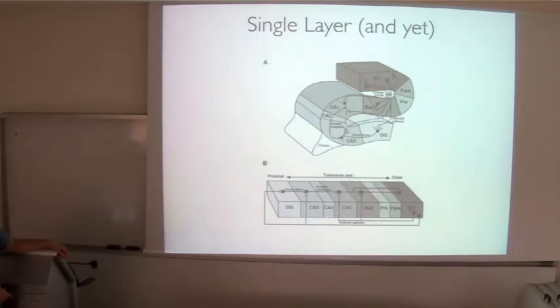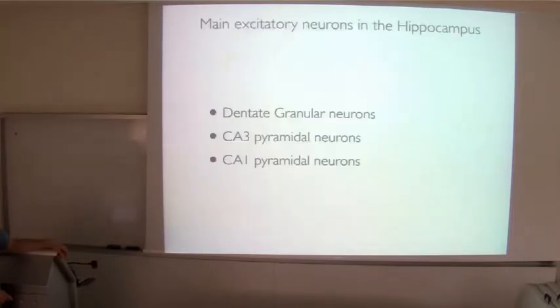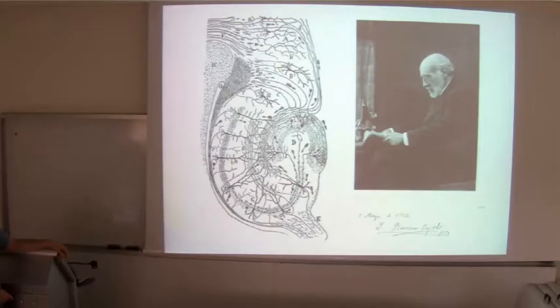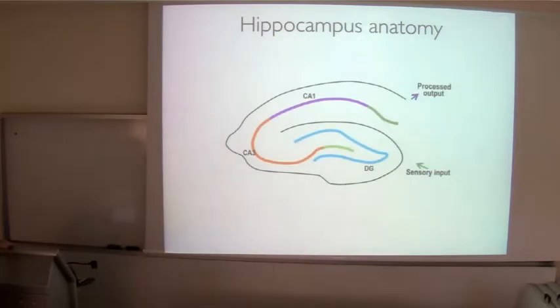Can you see that? Basically, the input that goes to the dentate gyrus from the entorhinal cortex goes through here to this dendrite, but it also continues outside this line, and this is where the dendritic tips, the tuft of the apical dendrites of the CA1 pyramidal neurons, are.